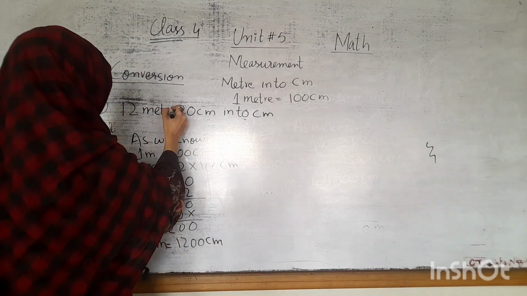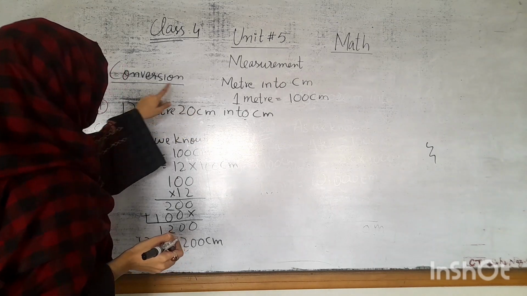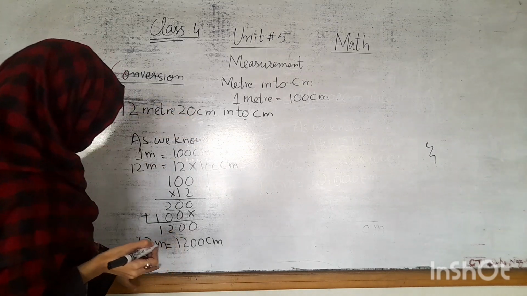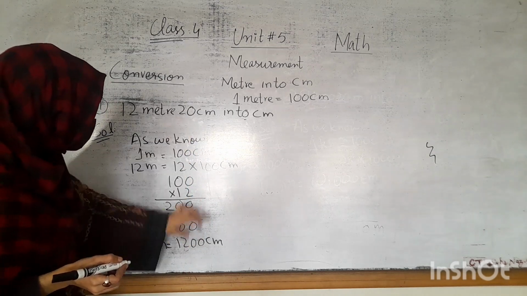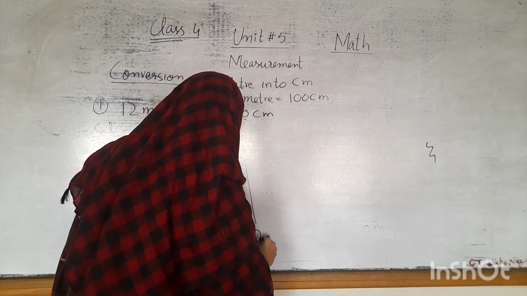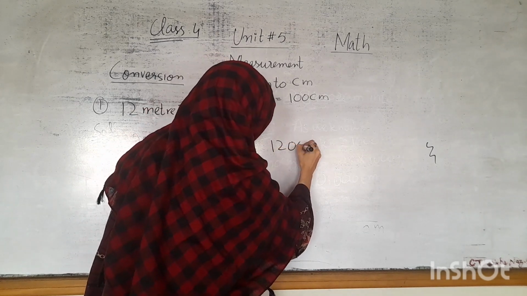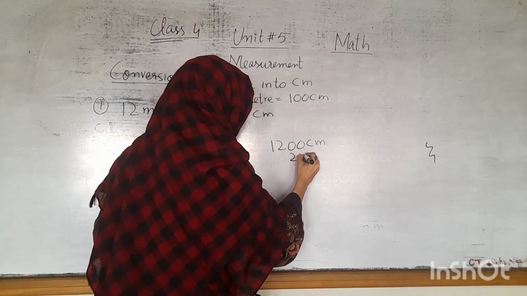Now look at the question again, class. 12 meter and 20 centimeter. First we convert meter into centimeter. After that we add these two lengths because these are the same units. So 1200 centimeter and 20 centimeter.